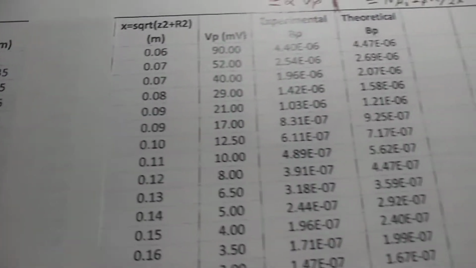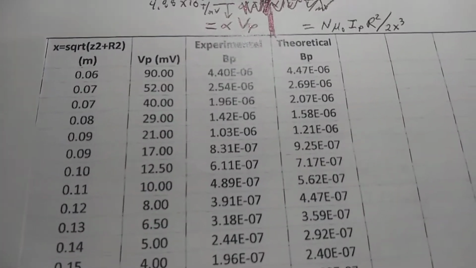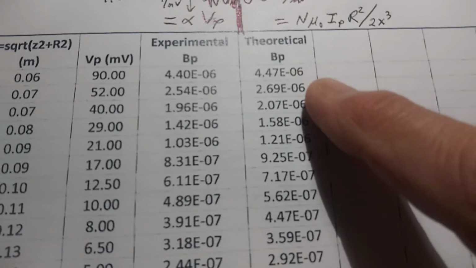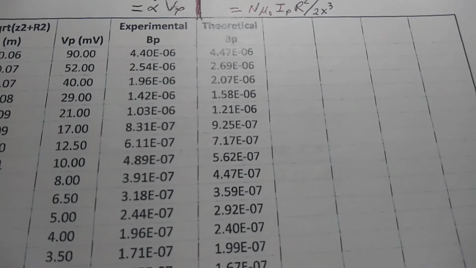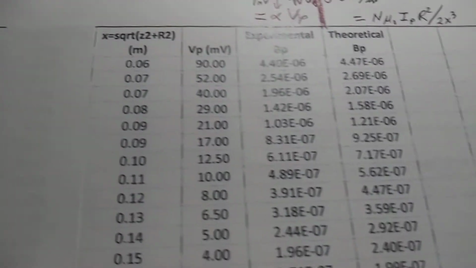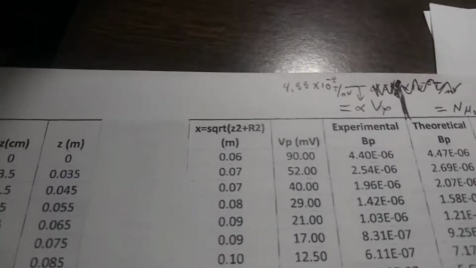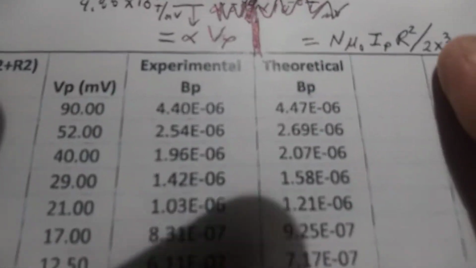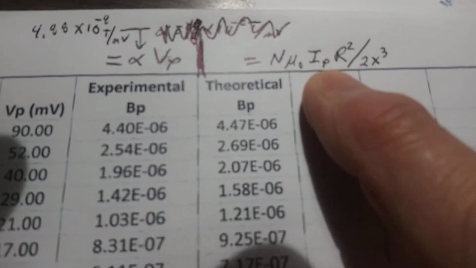Then we're also going to calculate a theoretical curve, and then overlay them, compare them and see how they look. The theoretical curve is given by this formula, which is in your lab sheet too.